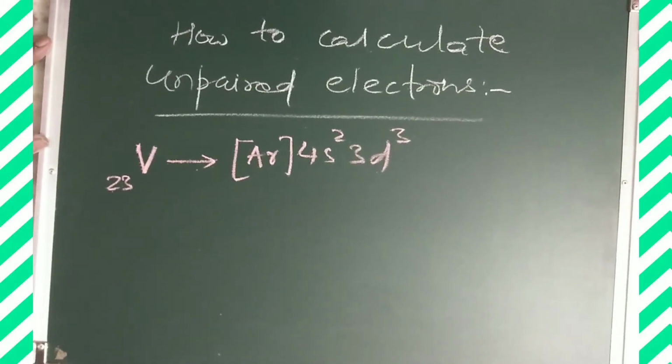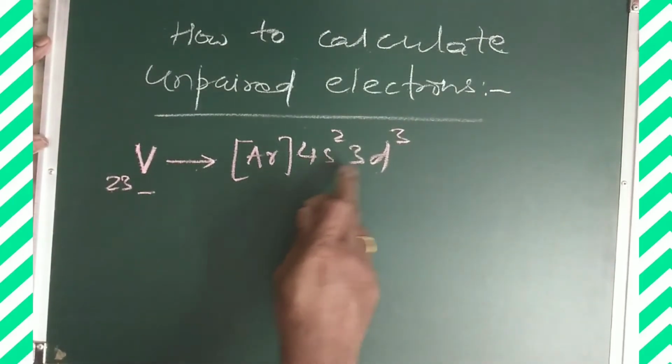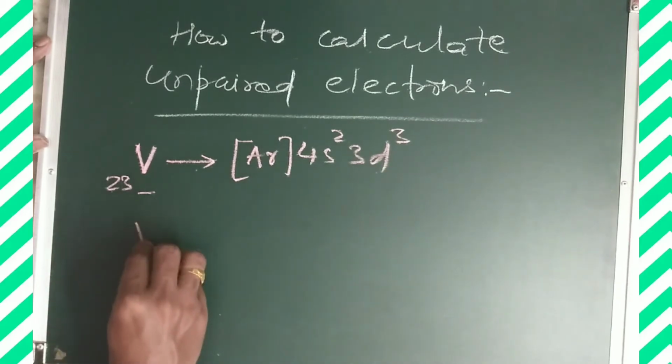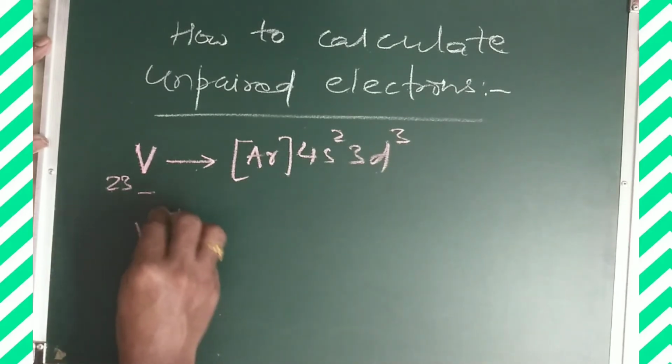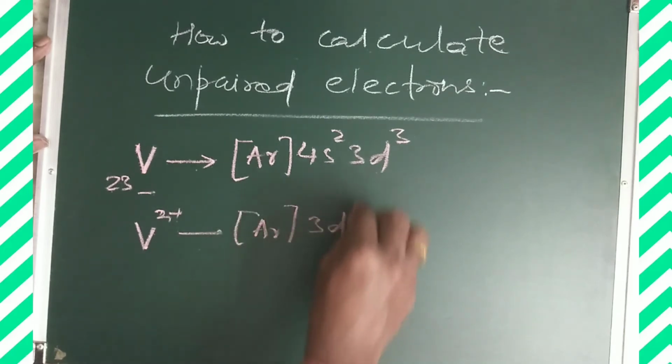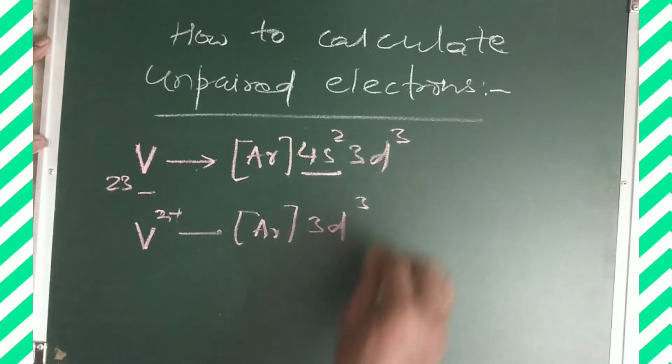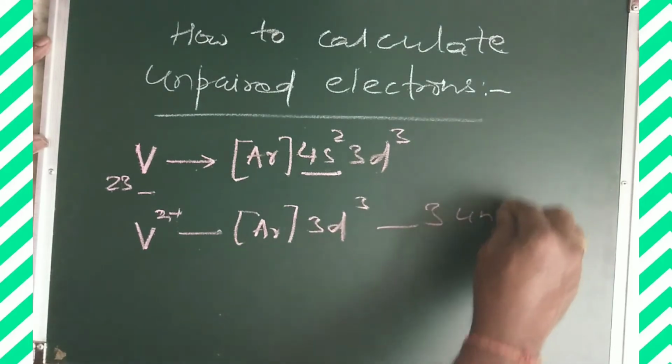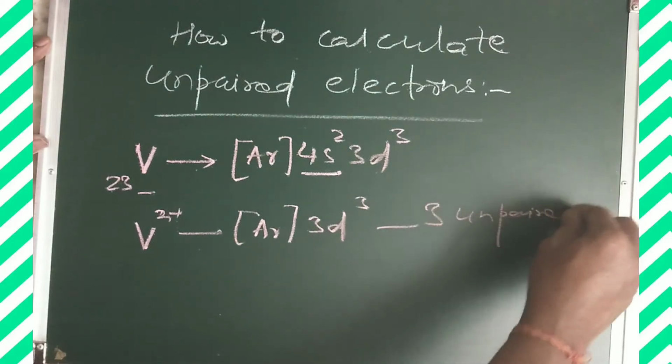Now coming to vanadium. The vanadium atomic number is 23, so its configuration is argon 4s2, 3d3. If they ask you to write vanadium 2+, then its configuration will be argon 3d3, because both 4s electrons will be removed, so it has 3 unpaired electrons.